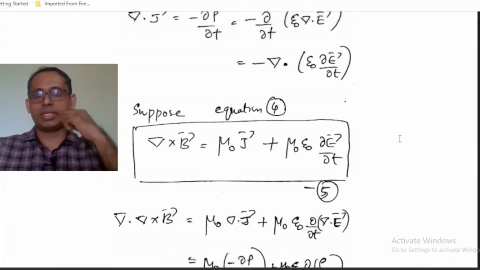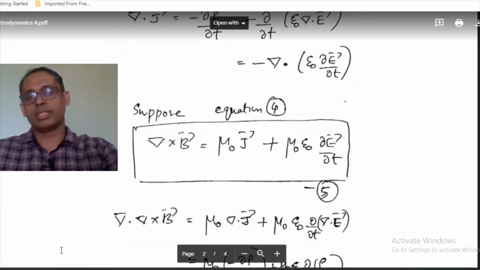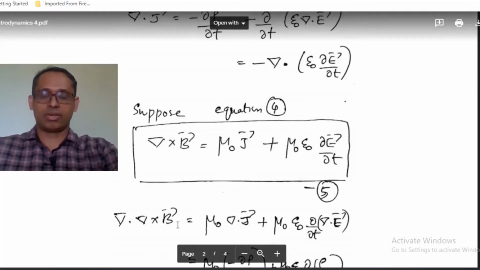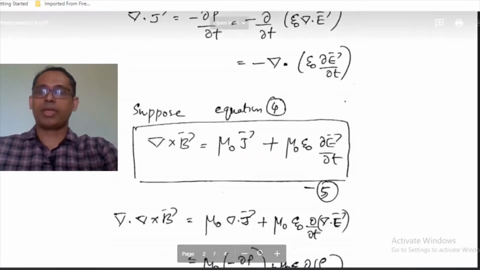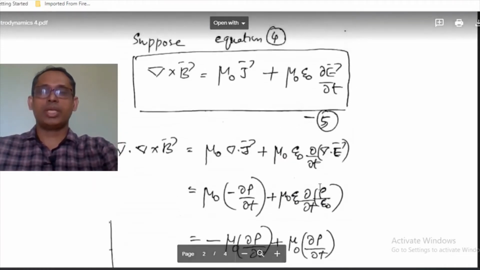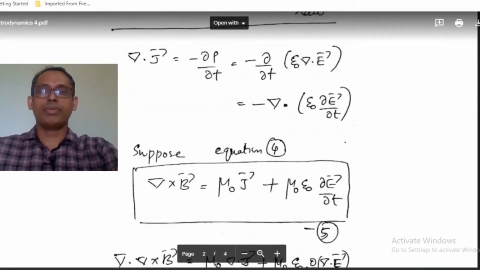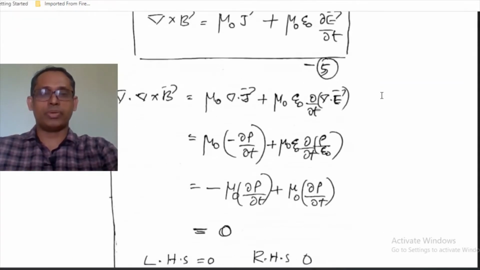Okay, suppose we are writing that equation 4 like this. And now if I take the divergence, del dot del cross B will be equal to mu 0 del dot J plus mu 0 epsilon 0 dou E by dou t. Okay, and del dot J we know is minus dou rho by dou t, which is equal to minus del dot epsilon 0 dou E by dou t.